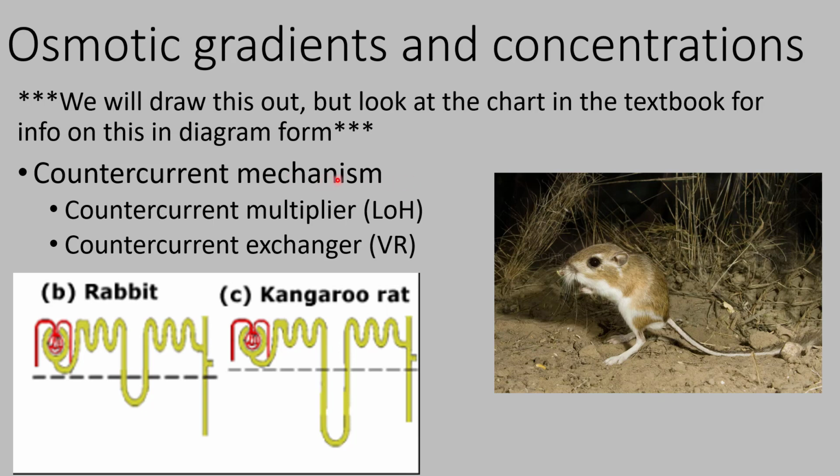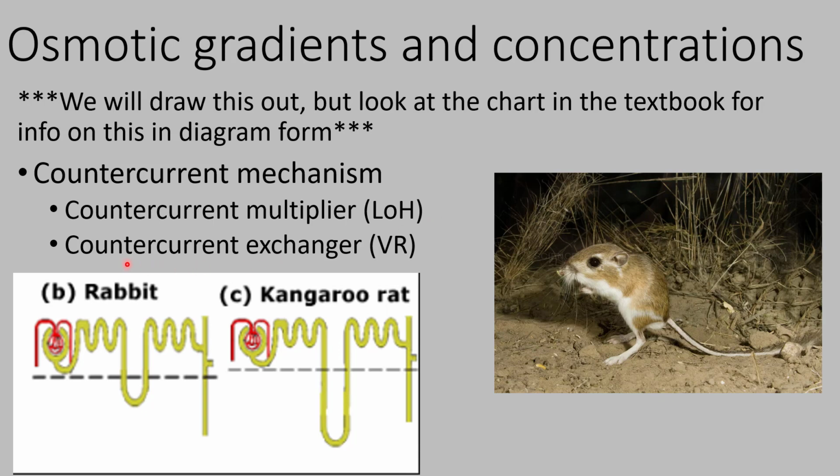But the countercurrent mechanism has two portions. There's something called the countercurrent multiplier, and that's going to be the actual loop of Henle, the tubule part. So the descending and ascending loop of Henle, and partially the collecting duct.